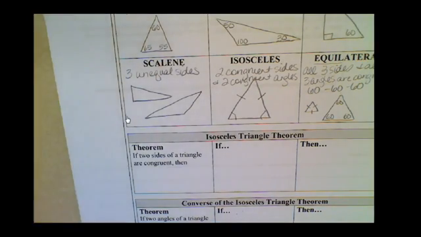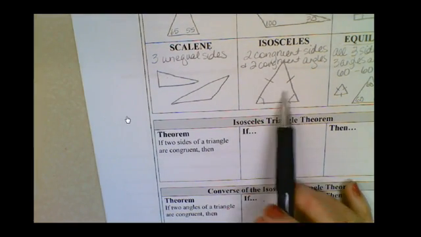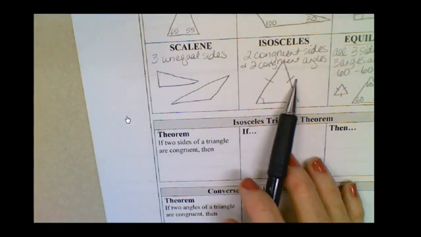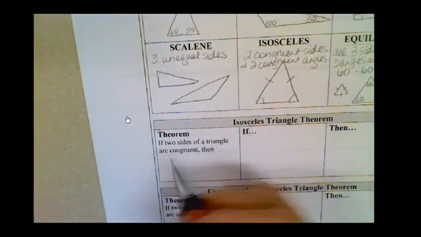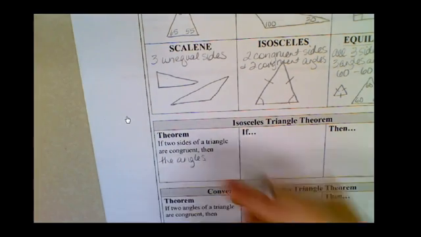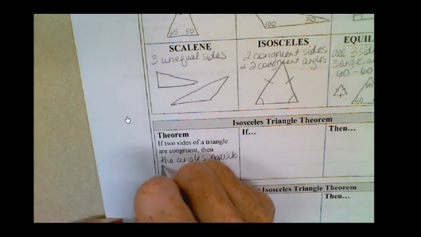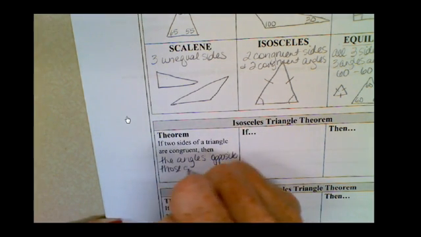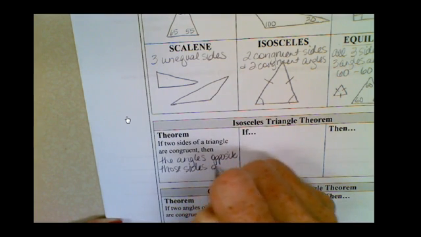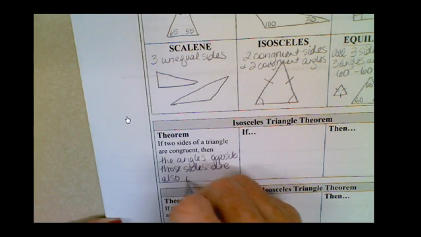Okay, so let's get down to a theorem. And this is for the isosceles triangle. So we're dealing with this triangle right here. So we've got 2 sides are congruent. Then the angles opposite those sides are also congruent.